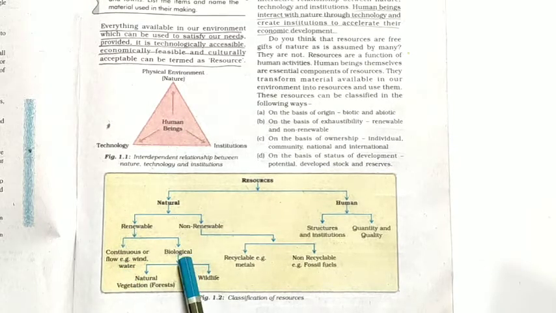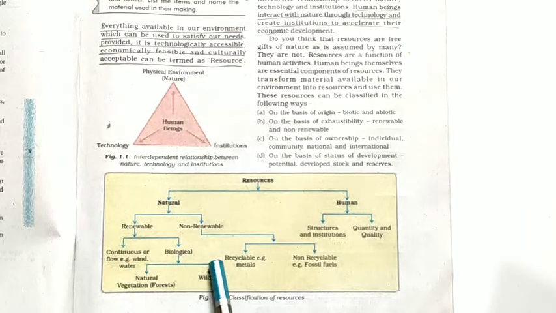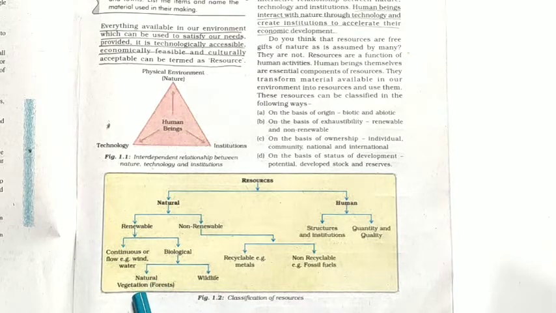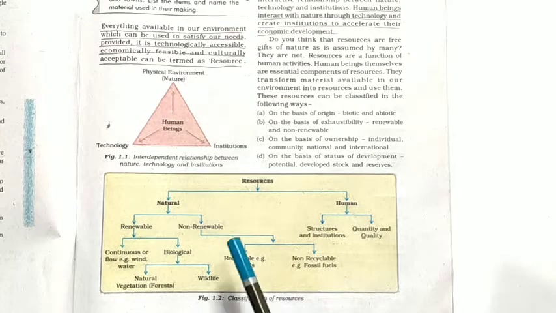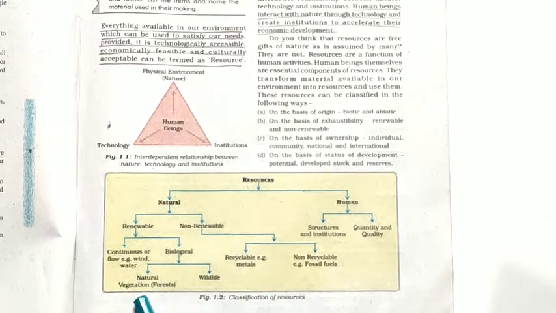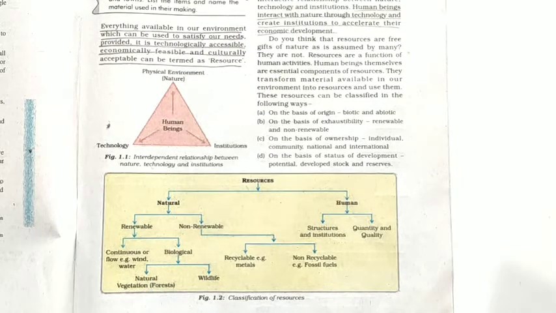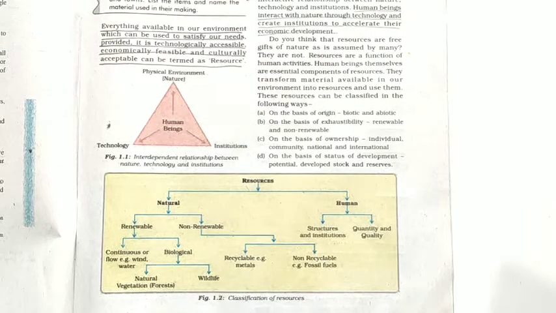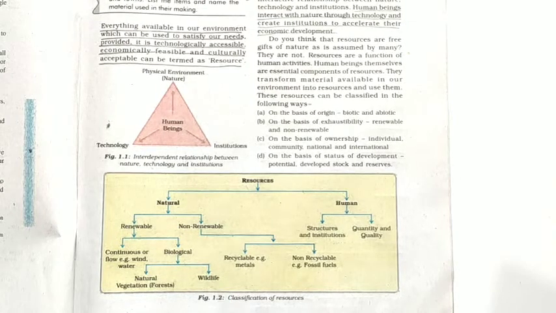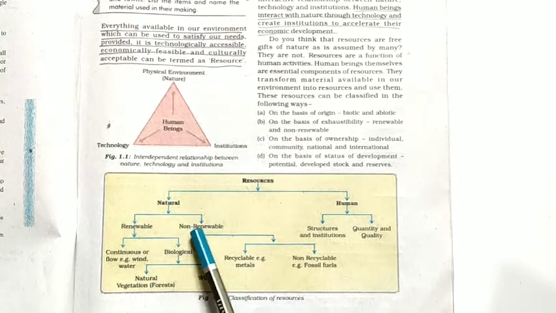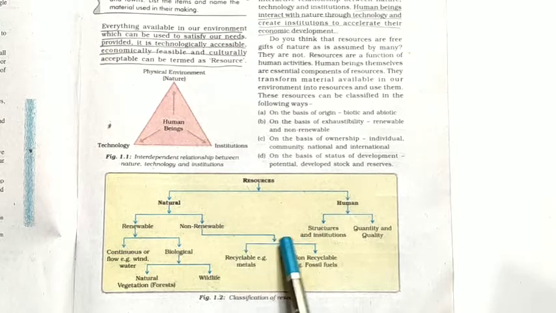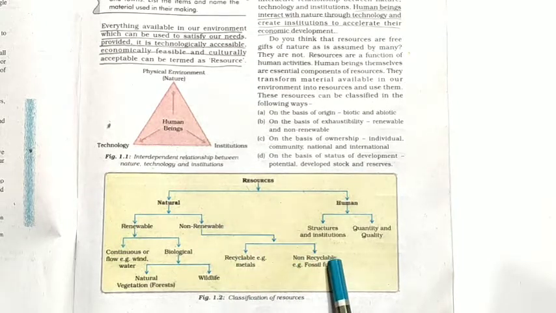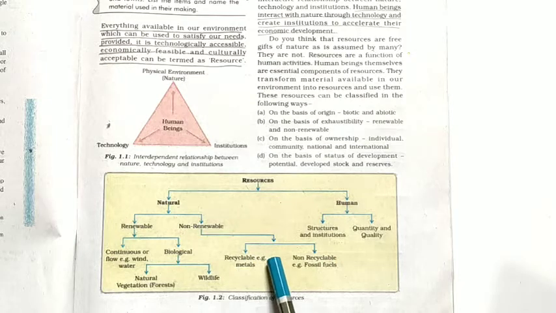And under biological, again, it is divided into two, that is natural vegetation and wildlife. Here resources are multiplied through plantation or propagation, and in wildlife the resources are reproduced by giving birth to the little ones and the cycle continues. And non-renewable is also classified into two, that is recyclable and non-recyclable. An example for recyclable is metals.